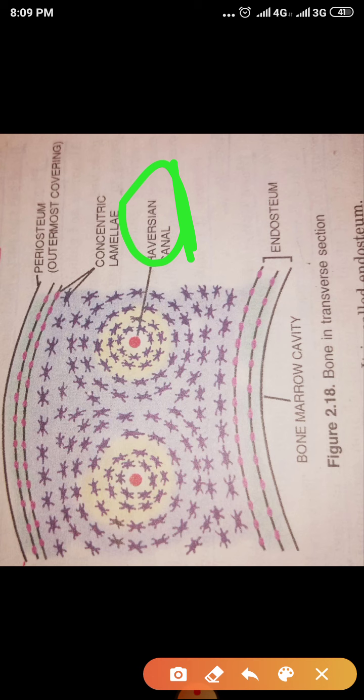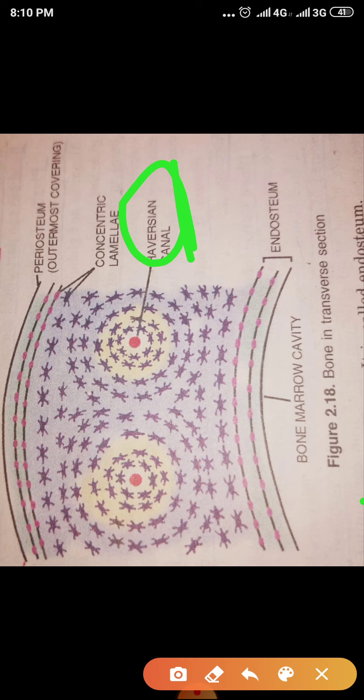It forms the supporting framework. It provides protection to delicate organs such as the skull, rib cage, eye socket, etc. It also takes part in body movement, including locomotion. We can move due to our skeletal system.